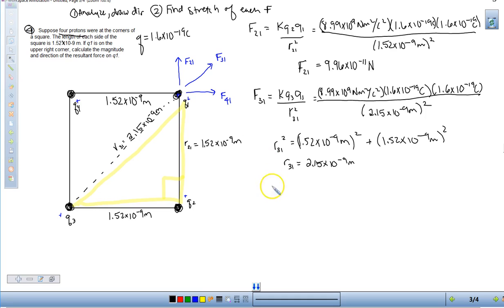And because I don't have any room, I'm just going to put the answer down here. So I'm going to type that in: 8.99 e to the 9th, 1.6 e to the negative 19th, times 1.6 e to the negative 19th, over 2.15 e to the negative 9 squared. What I get is 4.98 times 10 to the negative 11th newtons. We're in the same ballpark. That's always a good thing because we're using similar numbers, so we're good here.